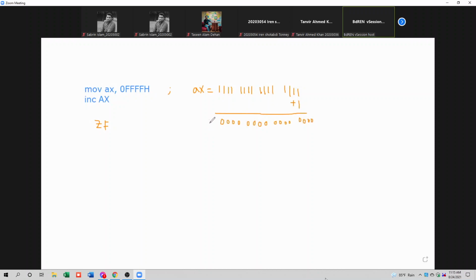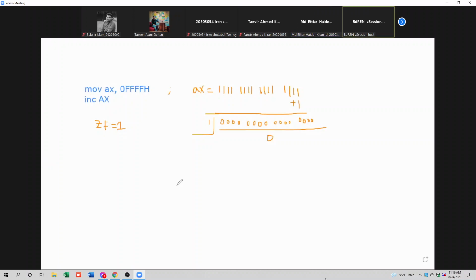There will be 1 carry bit. So the result is 1 followed by sixteen 0s. AX is a 16-bit register, but the result we got is a 17-bit number. That's why this bit will be discarded. So now the result of this operation is 0. When the result is 0, the value of the zero flag register will be 1. Clear?